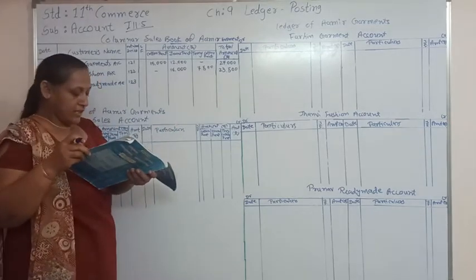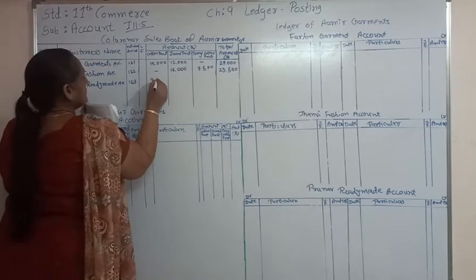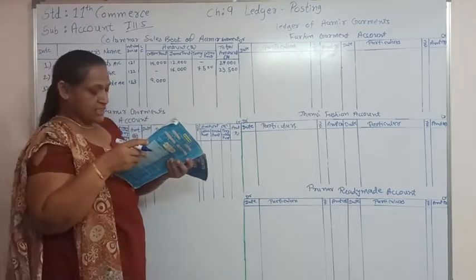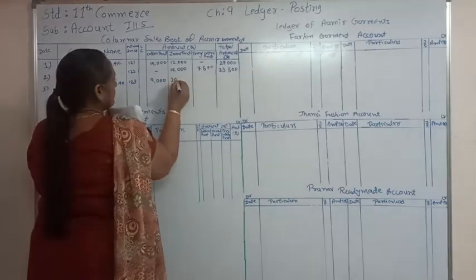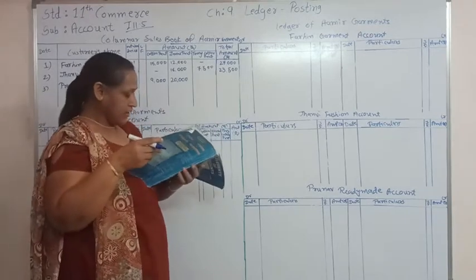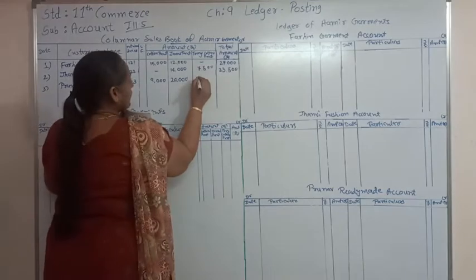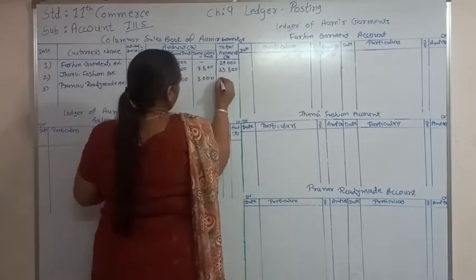Here 30 cotton into 300 will be 9,000. Next is 50 jeans at rupees 400, so that will be 20,000. And the third one is 20 terry cotton at rupees 250, so that will be 5,000. The total of this will be 34,000.